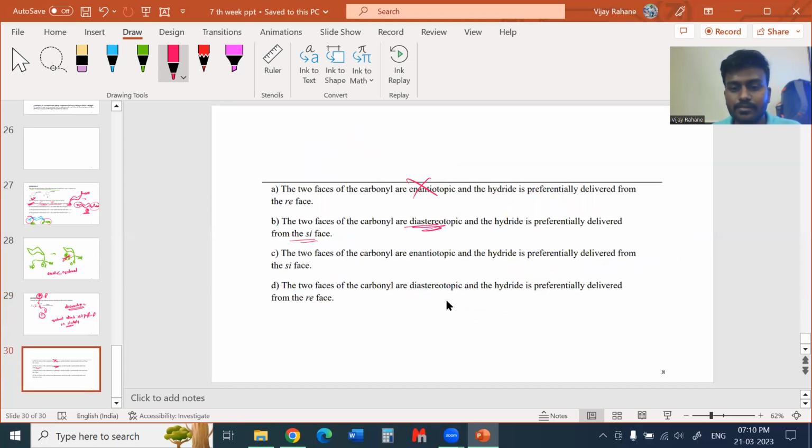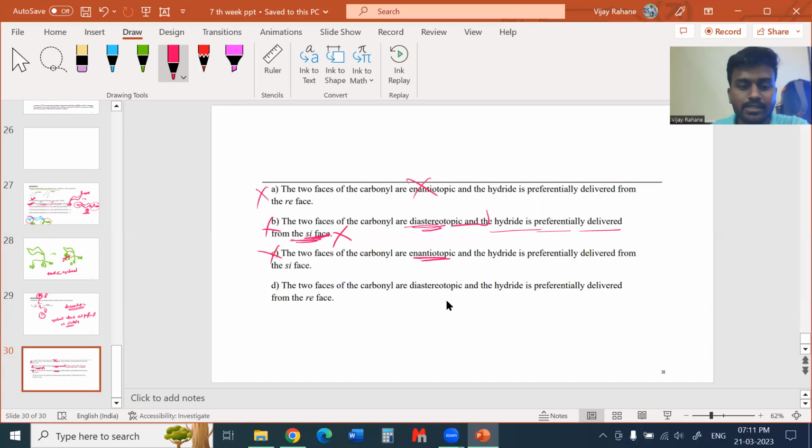So what they have given, hydride preferably attacks from the si face. This is the wrong one. The first half is correct, but the next part, hydride attacking on the si face, is wrong. So we'll check the next option. The two faces of the carbonyl are enantiotopic, and the hydride is preferentially delivered from the si face. Enantiotopic they have given, so this one is also a wrong option.